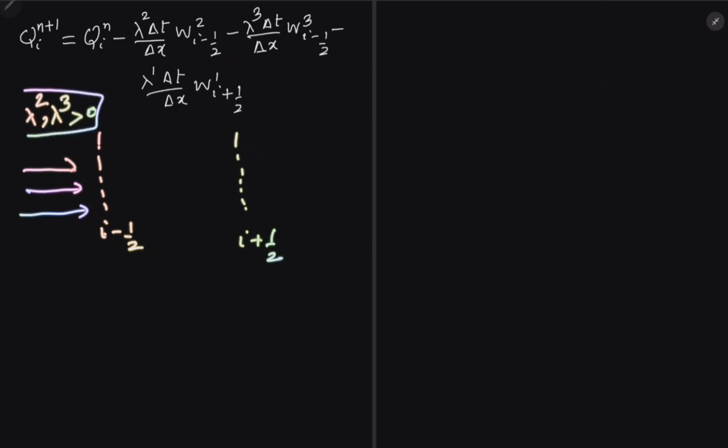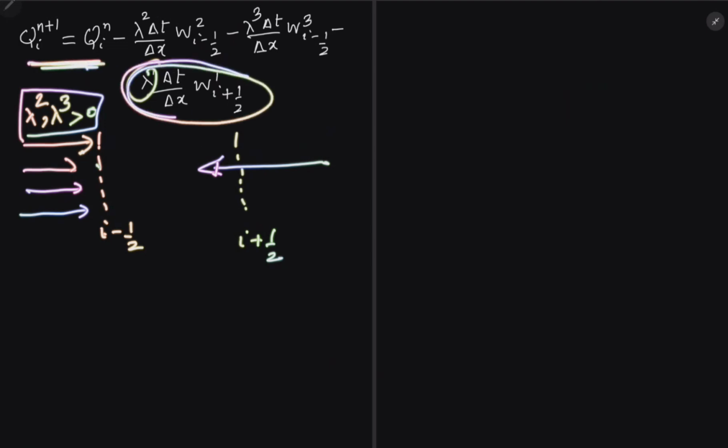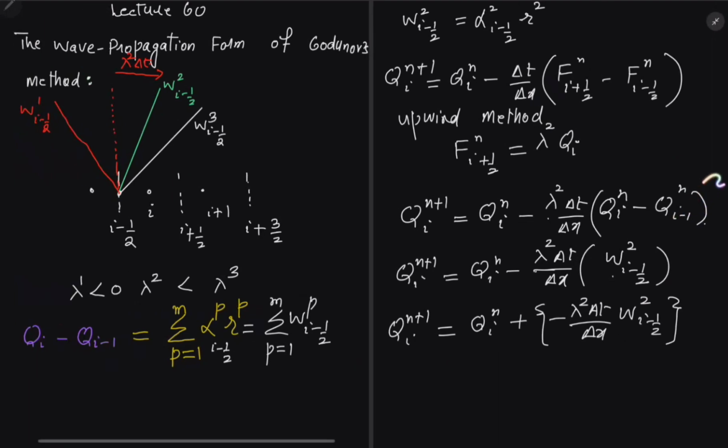The slope is positive. For lambda 1, the wave is traveling from right to left. Since in this numerical method there is a flux involved, maybe I show you the flux.